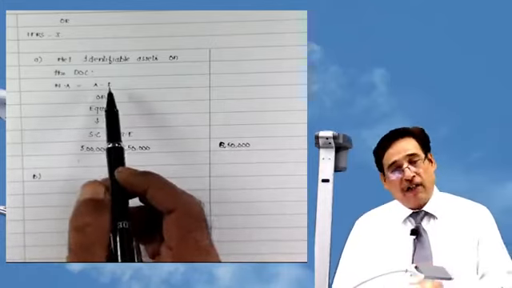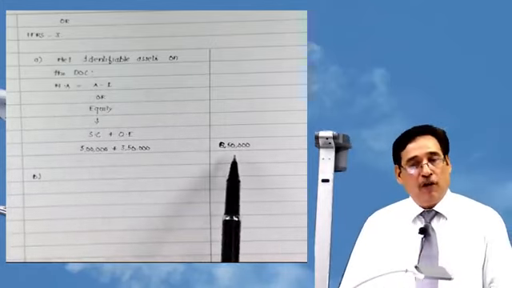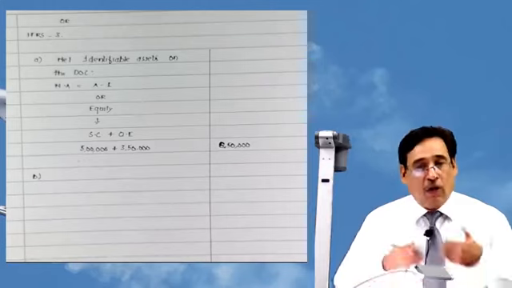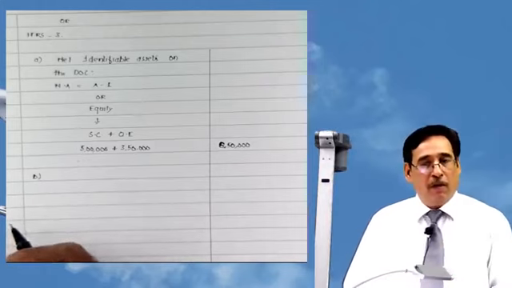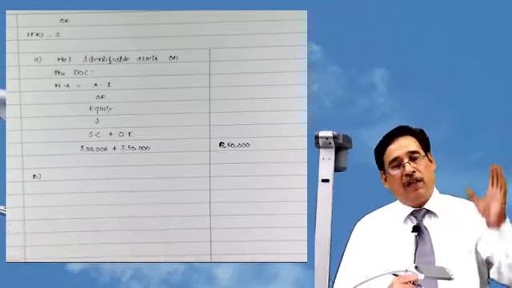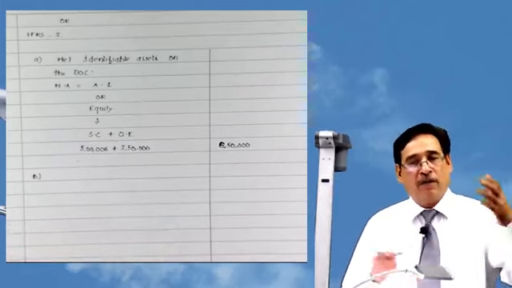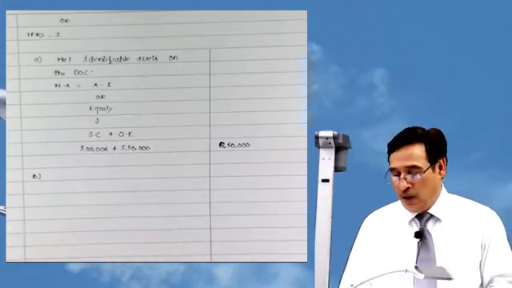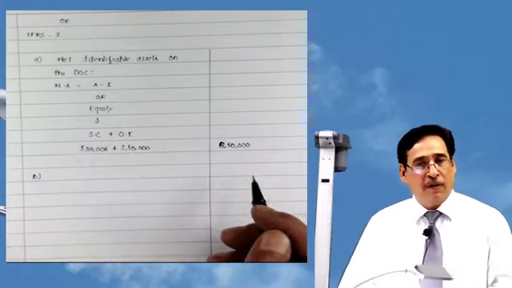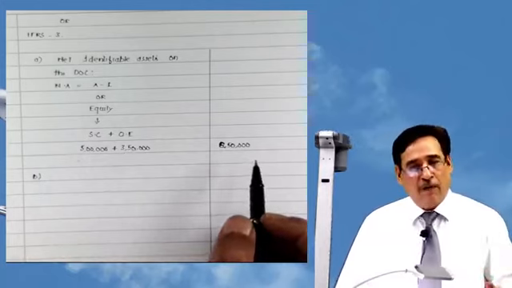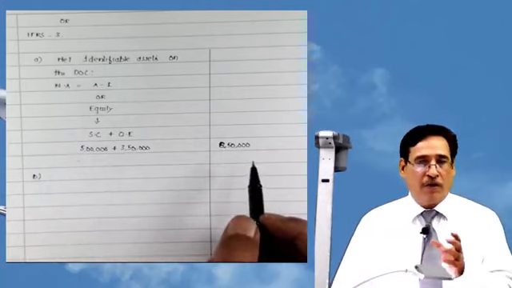Actually, IFRS 3 states that it must be at fair value. The problem is that in the comprehensive question, it might be given, it might not be given. Suppose the question states very clearly the fair value of net identifiable assets on the date of acquisition is this much. In that case, I would have directly written that particular figure. No problem would have arisen. However, the question would hardly ever give it, especially in the comprehensive questions I'm talking about.